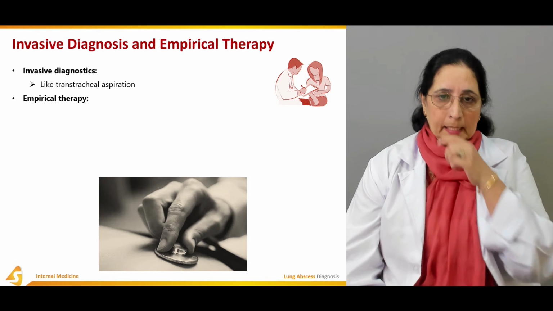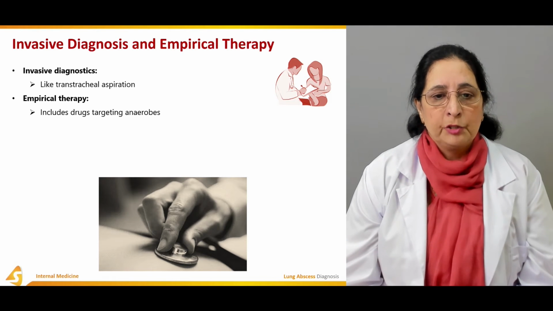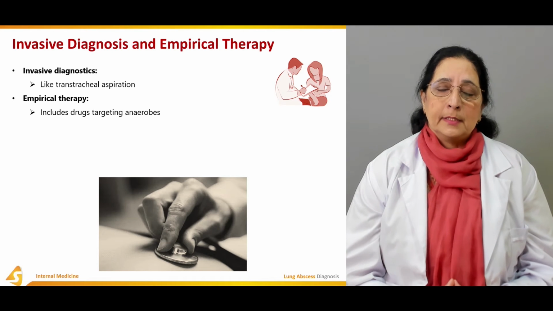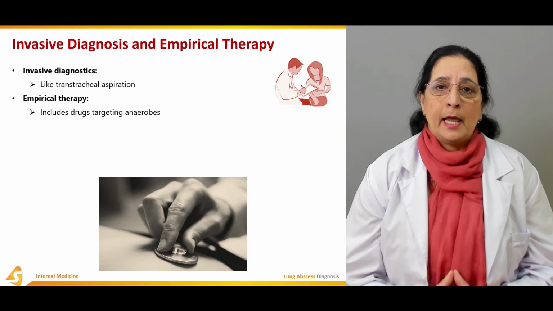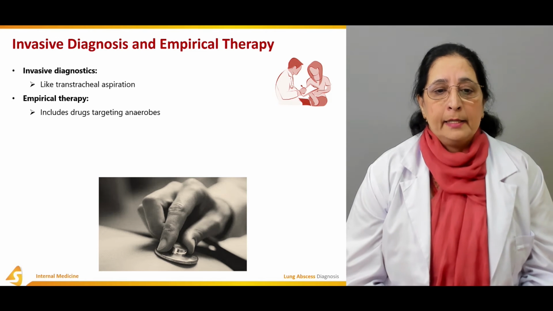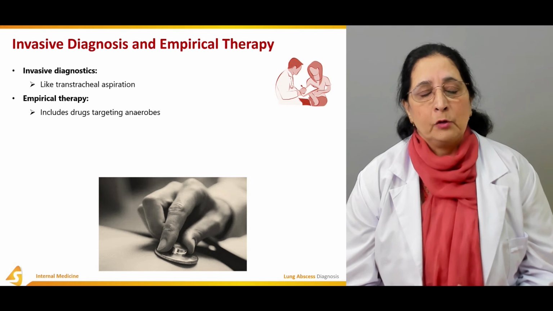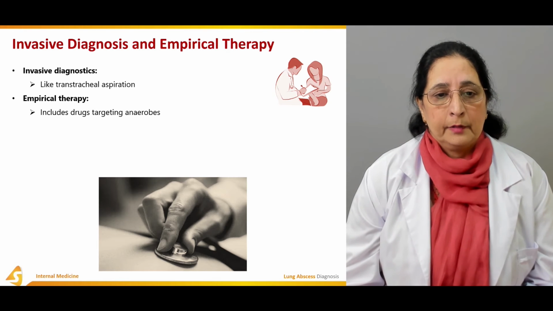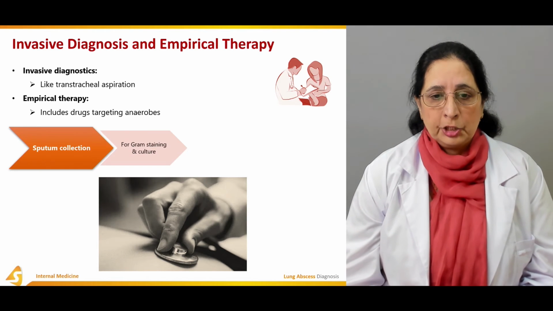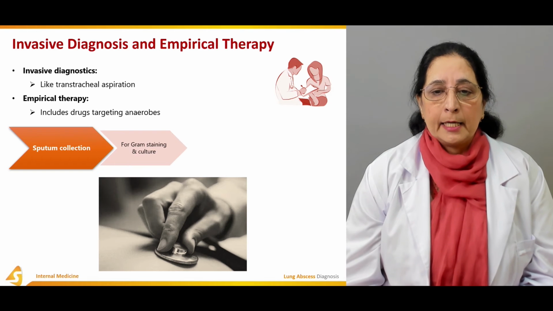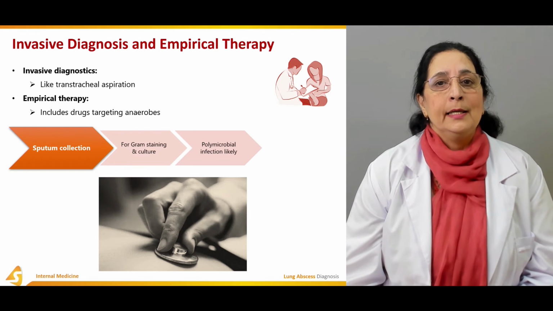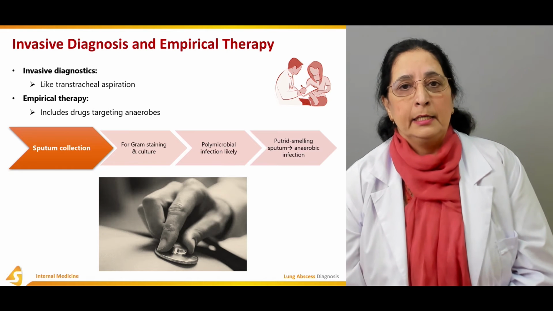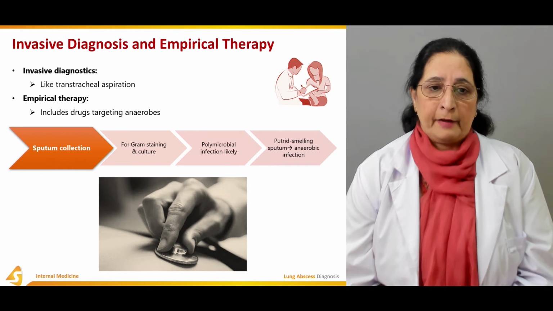Then empirical therapy used includes drugs targeting the anaerobes. In primary abscess, we saw that anaerobes cause it, and then we should target the anaerobes in any empirical antibiotic therapy. Sputum collection for gram staining and culture, polymicrobial infection like putrid smelling sputum, which indicates the anaerobic infection.